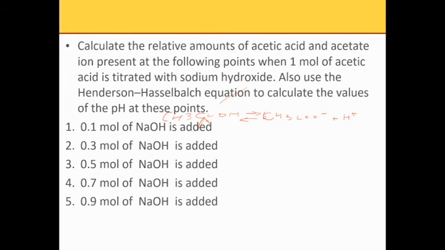But isn't it 0.1 plus 0.1? No, because you have 0.1 to dissociate, and these two combined is 0.1. It's like this: CH3COOH, and then CH3COO negative plus H plus.